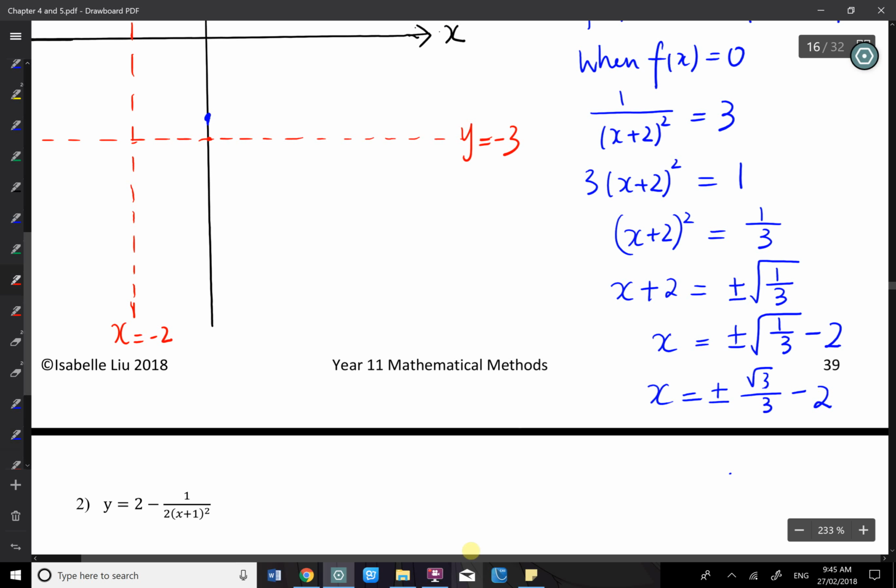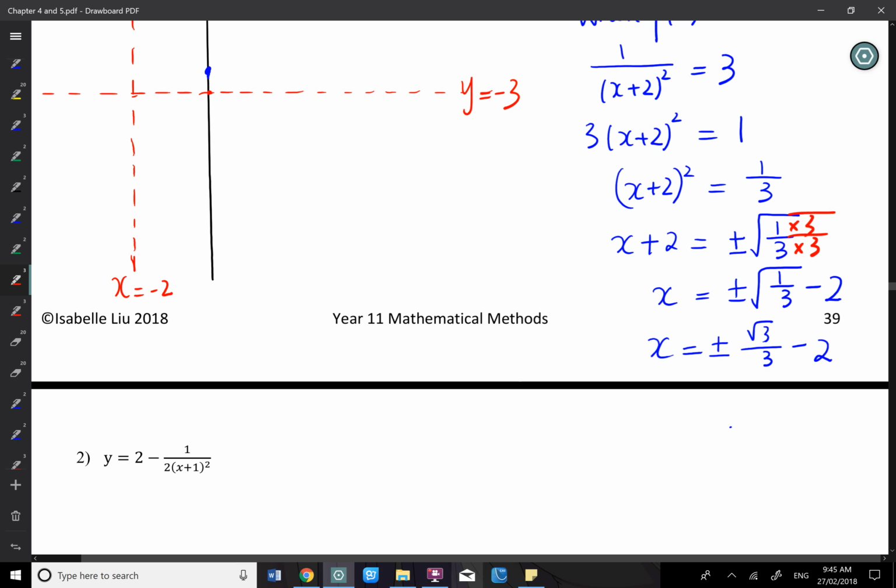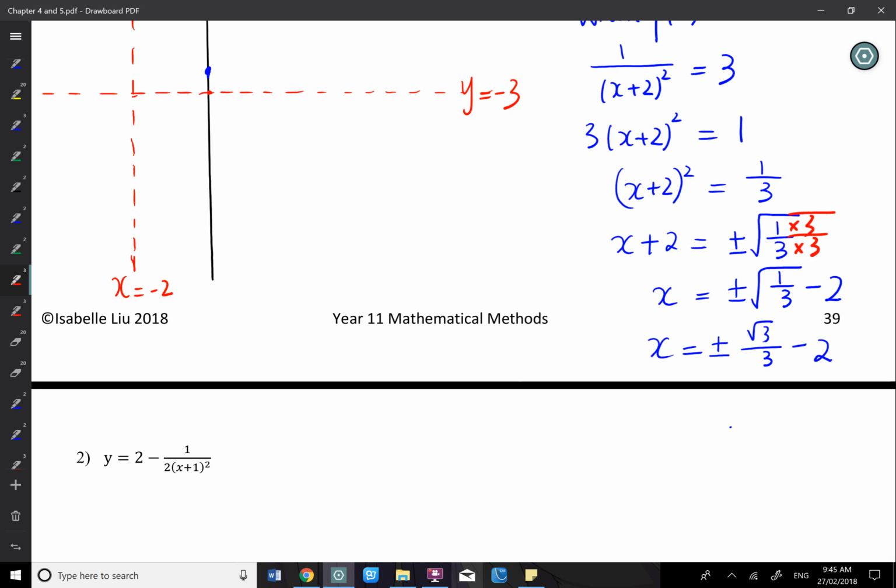Top and bottom times the same number. You times root 3 on both top and bottom. So you can see it's negative 2 plus root 3 over 3 and negative 2 minus root 3 over 3. Those two must be symmetrical x-intercepts.